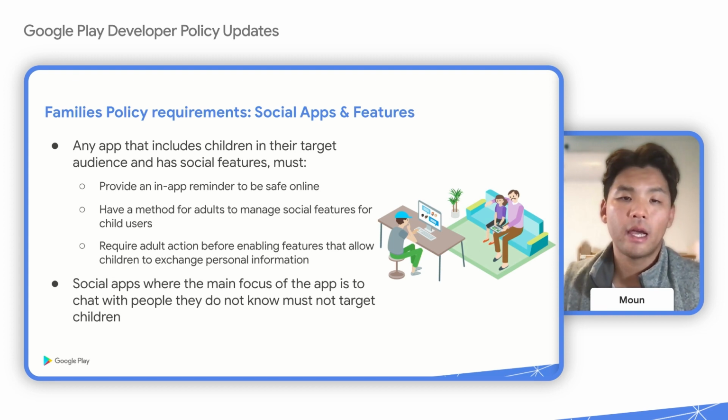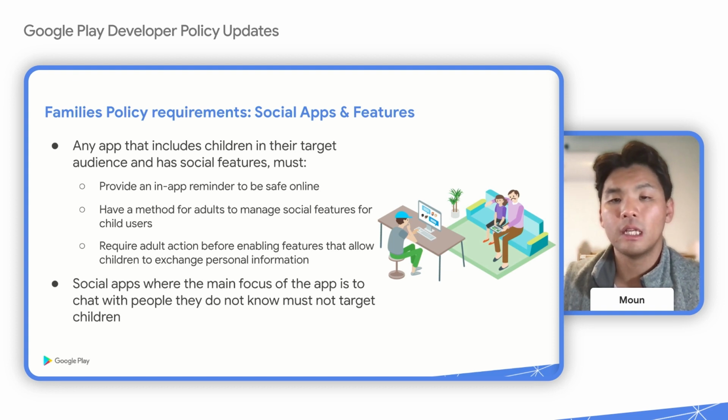You must also provide a method for adults to manage social features for child users, including but not limited to enabling or disabling the social feature or selecting different levels of functionality.